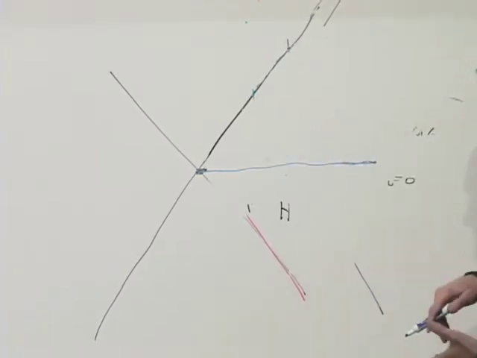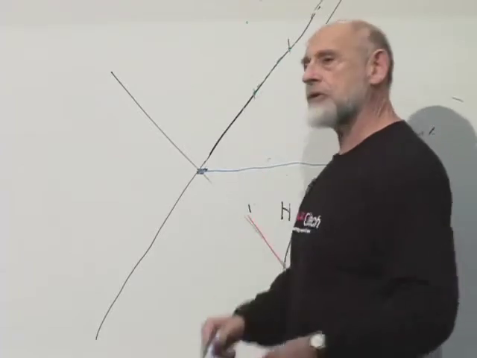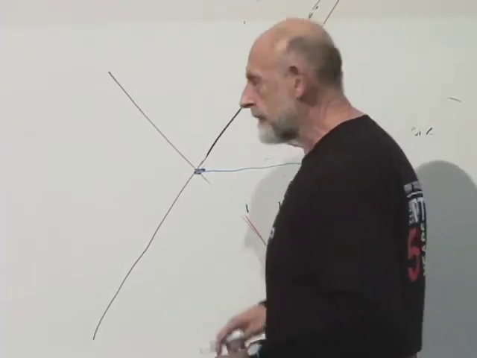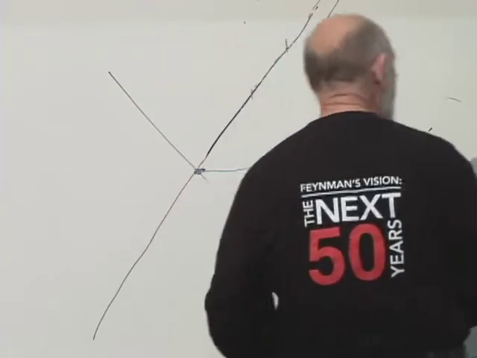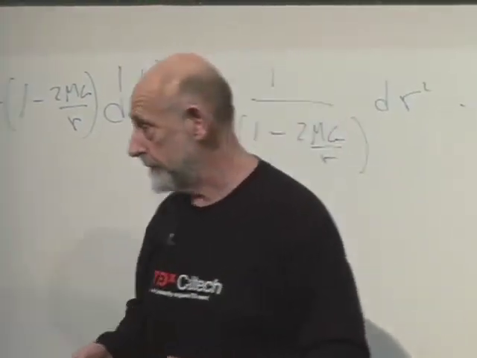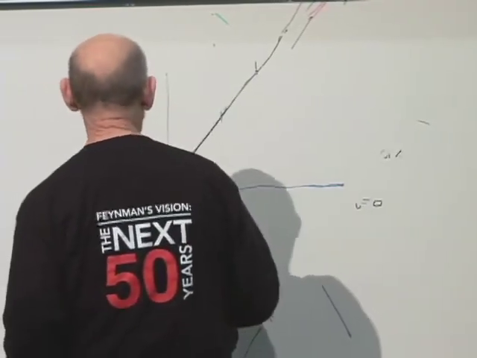R would be decreasing, decreasing, decreasing, until it gets to 2mG. And then where does it go from there? Then suddenly, when r gets past the horizon, it becomes a time-like coordinate. R goes up that way.